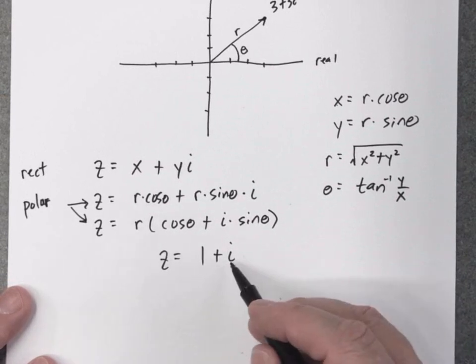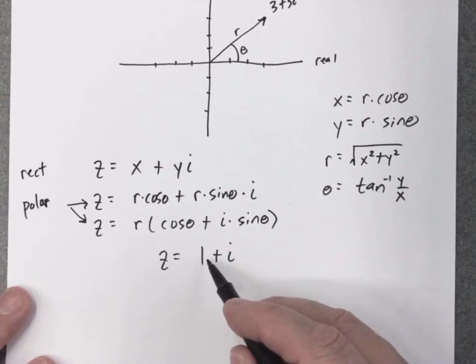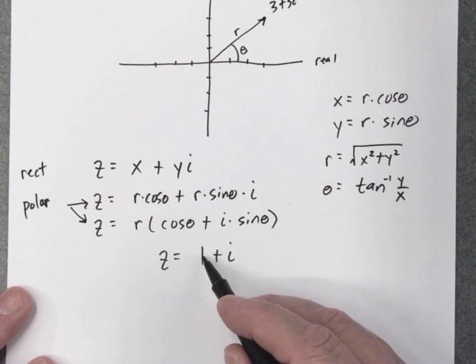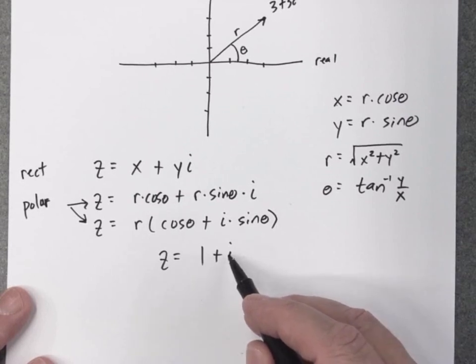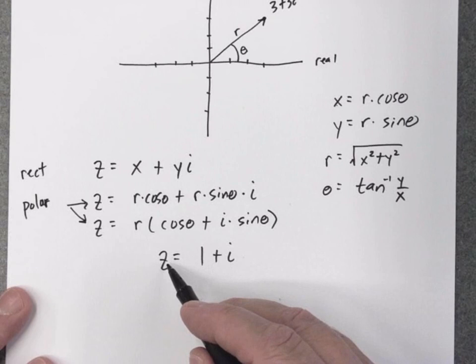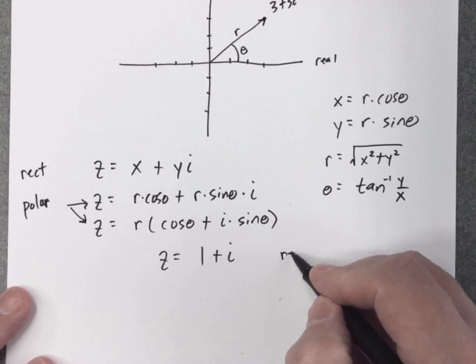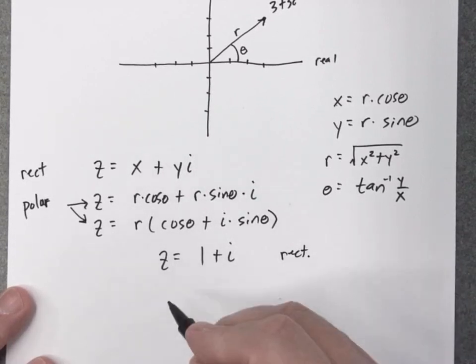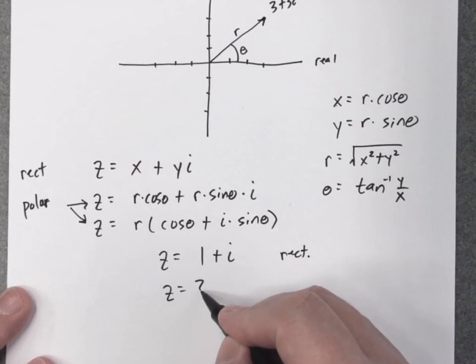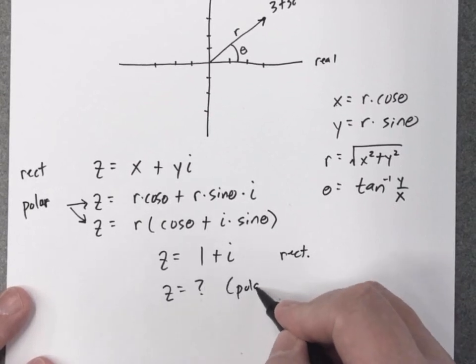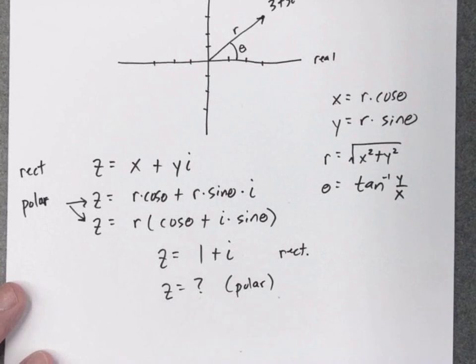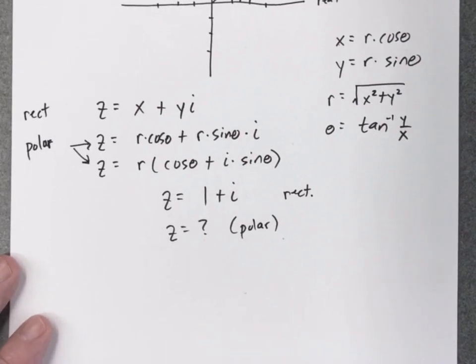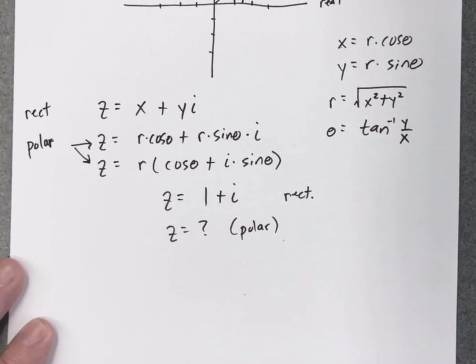I'm not going to graph this right now. If I did, it would just be like 1 on the x-axis and 1 on the y-axis. I want to go ahead and rewrite this in polar coordinates. So this is rectangular coordinates, and it's like, how would I write this in polar coordinates?